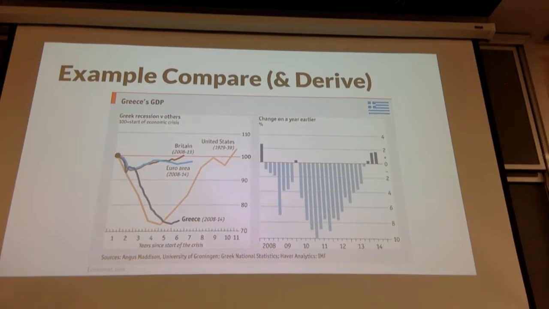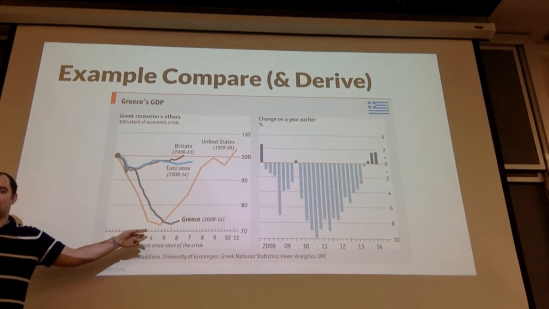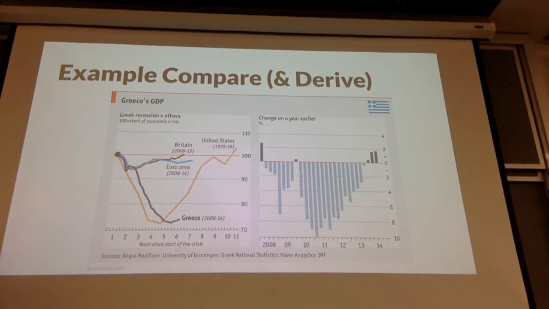But interestingly, not the United States in 2008, but the United States Great Recession of 1929. So here we can compare how the Great Recession of 1929 impacted the US and how difficult that is now, or was then, for Greece in comparison.